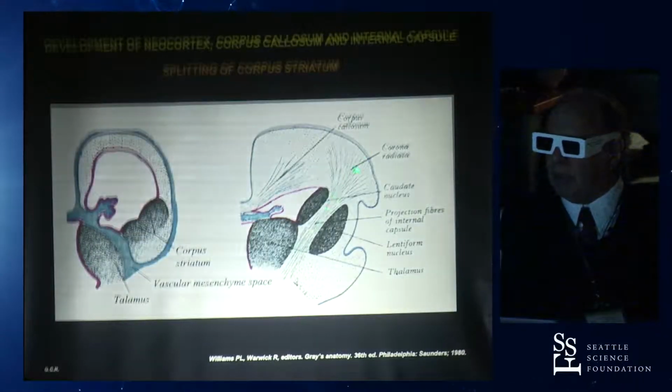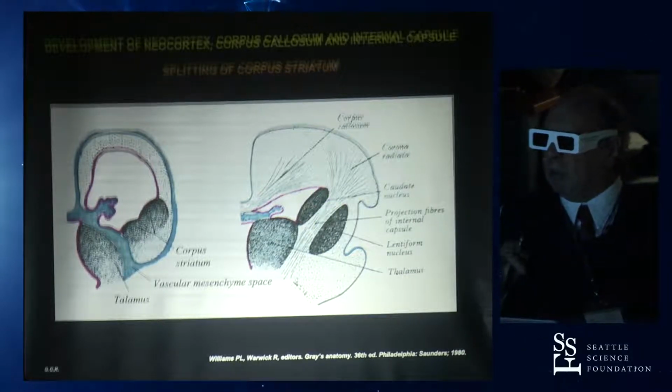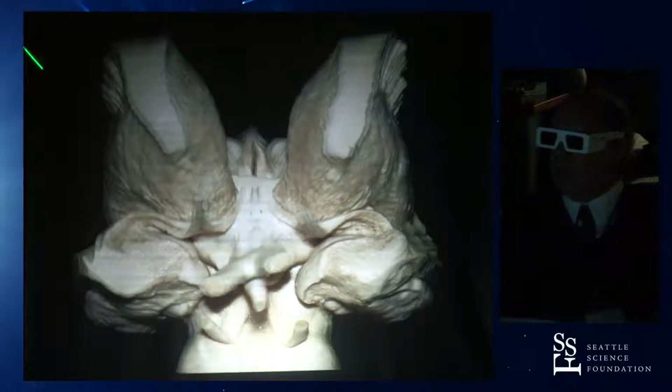The splitting of the striatum did split the posterior part, the dorsal part, but did not split the anterior part. So you can see here the projection fibers, the internal capsule. You can see this is all striatum, okay? So the dorsal striatum was divided into the caudate and the putamen, but the ventral striatum was not divided by evolution because this ventral striatum was kept together.